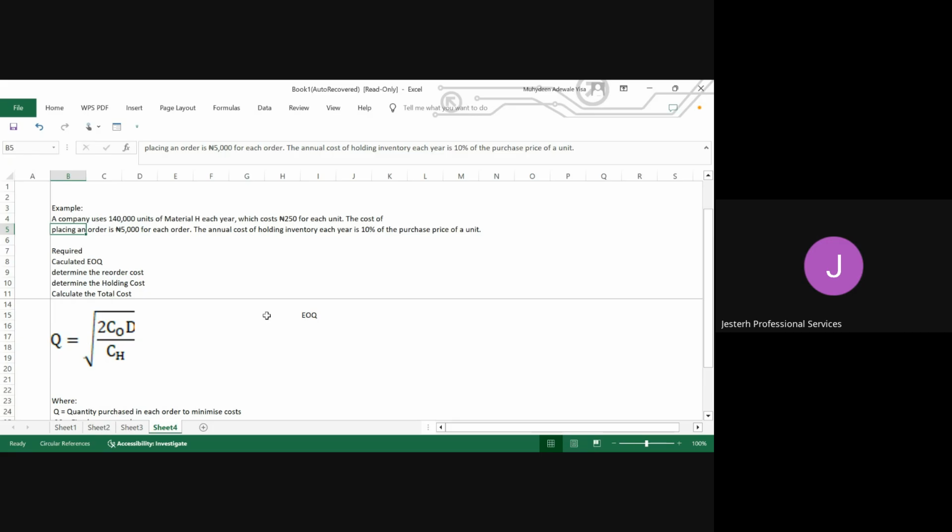Even if they decided to bring in 1 unit into the store, they are going to spend the same amount of order cost, which is 5,000, regardless of whatever they are bringing into the store. Now, the annual cost of holding inventories each year is 10% of the purchase price of the units.